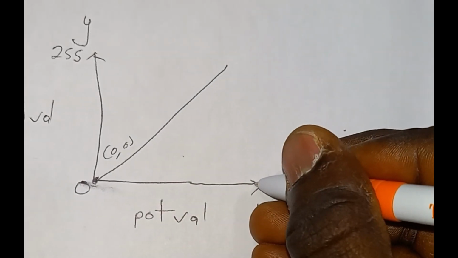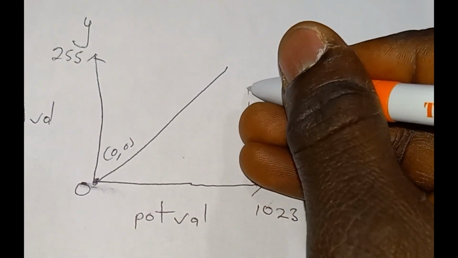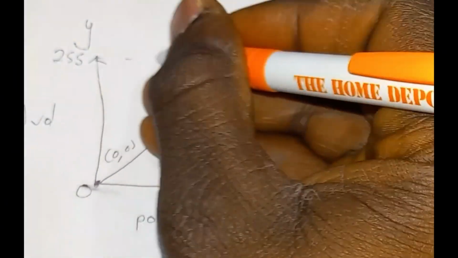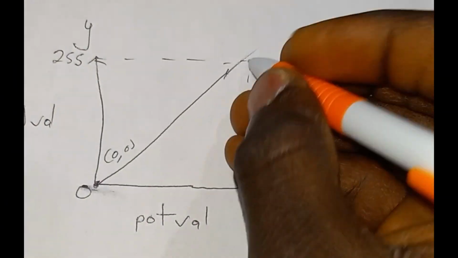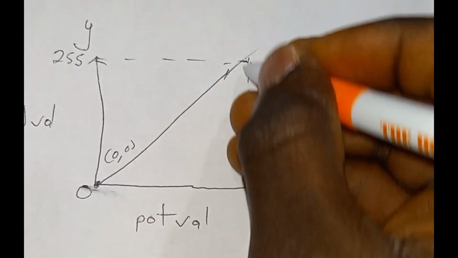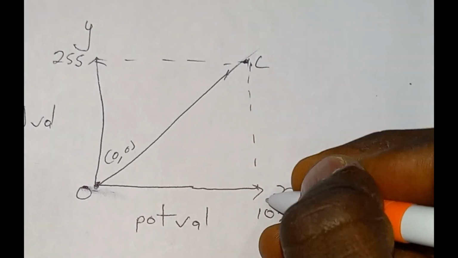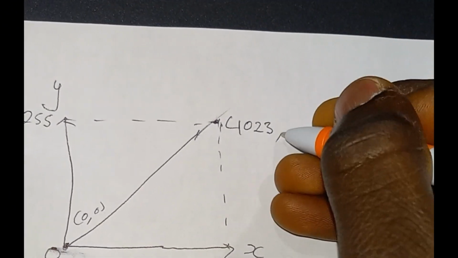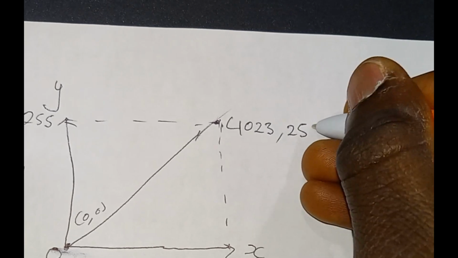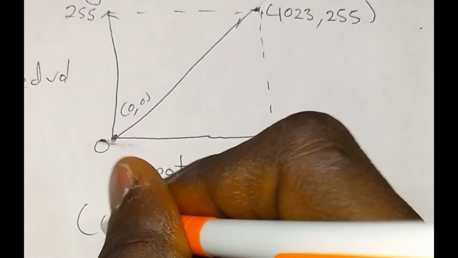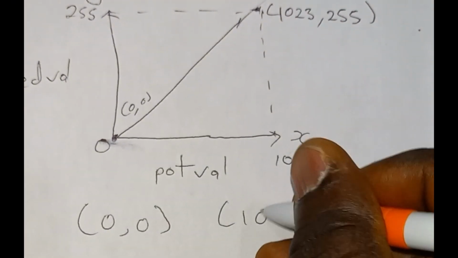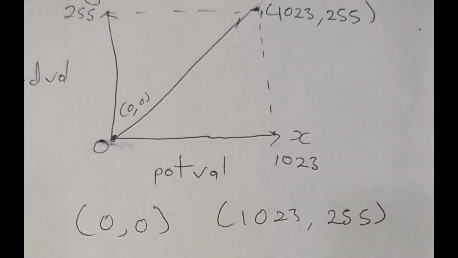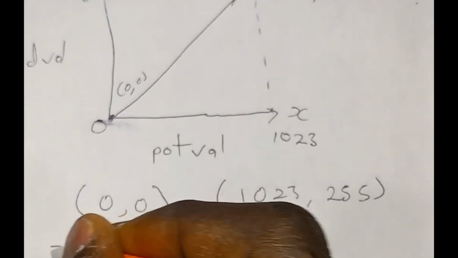If we take another point where the 2 of them meet, if I just extend it a bit, over here we'd have the point 1023 and 255. We have those 2 points, 0, 0, and 1023, 255. Okay, so just like that.